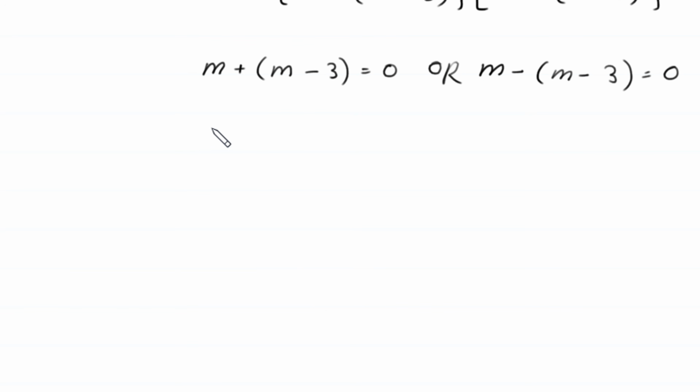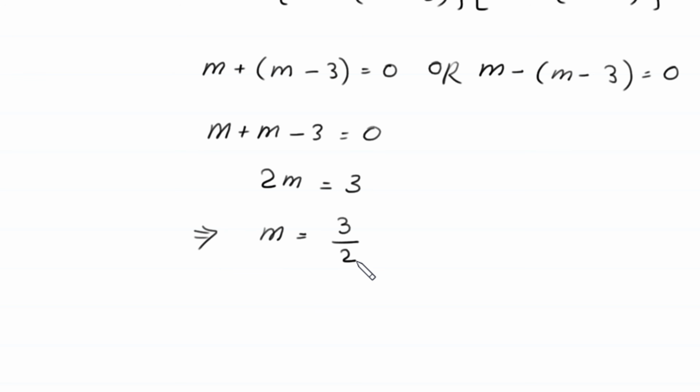So from this equation m + m - 3 is equal to 0. Now we move this negative 3 to the right hand side. 1m plus 1m will become 2 times m is equal to 3. This implies that m is equal to 3/2. From this equation m - m + 3 is equal to 0.